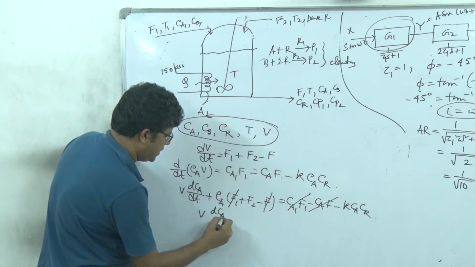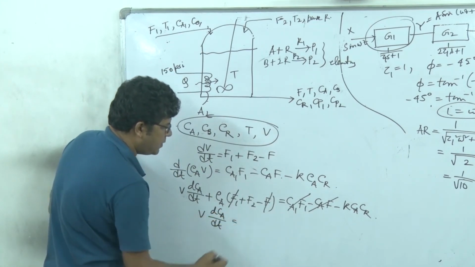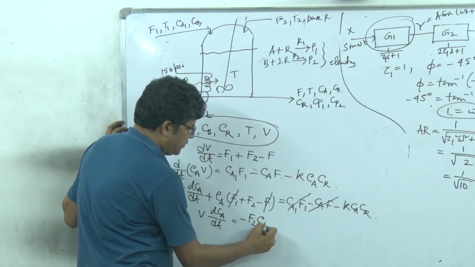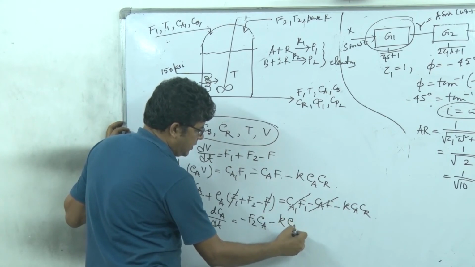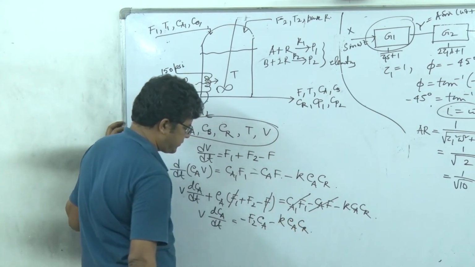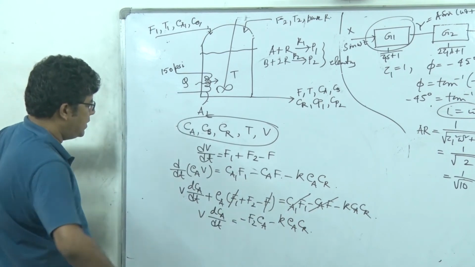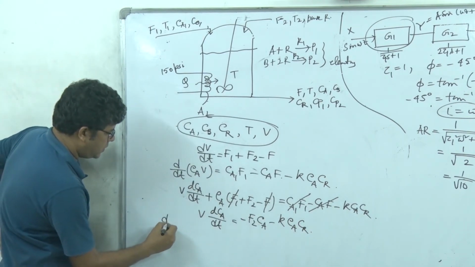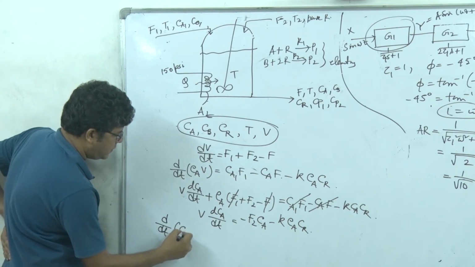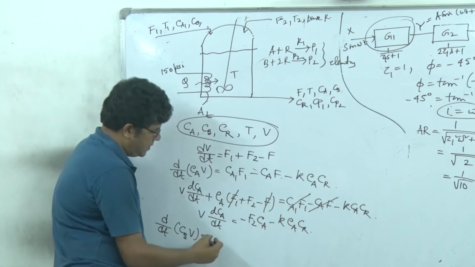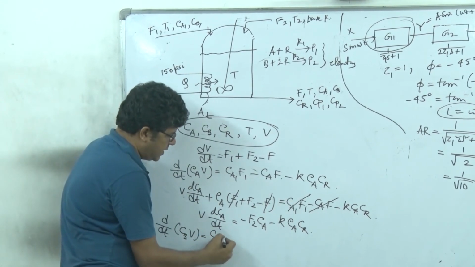So V dCa/dt is equal to minus F2 Ca minus K Ca Cr. That's V into dCa/dt. Next, d/dt of Cb into V is again Cb1.